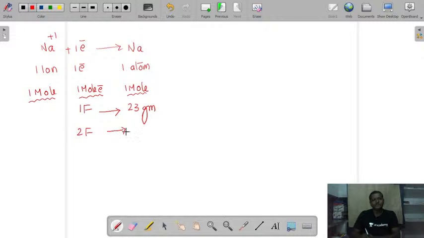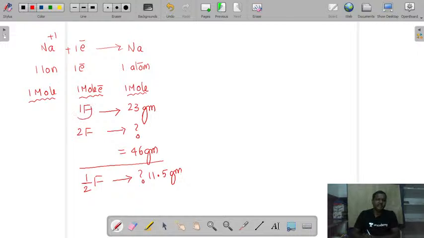If we use 2 Faradays of current, 46 grams will be deposited. Half a Faraday deposits 11.5 grams of sodium.